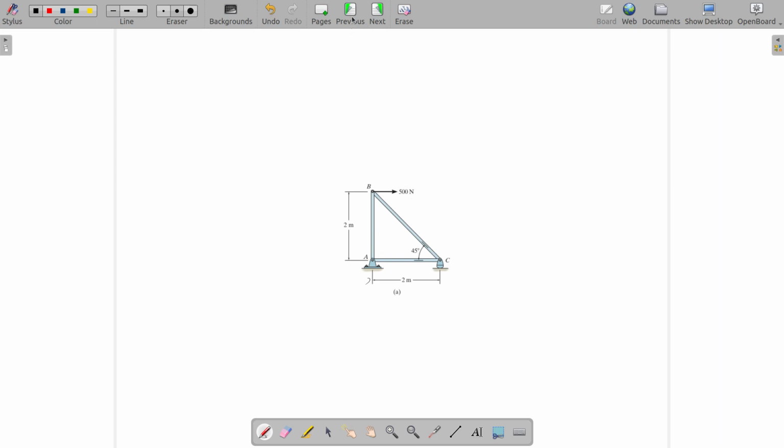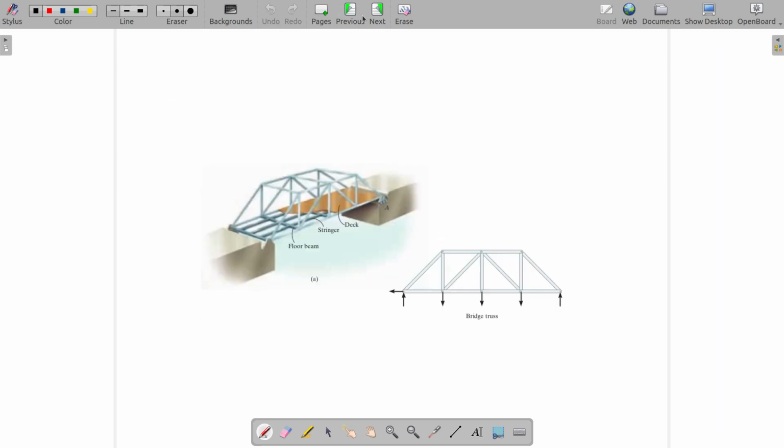Why do we need to do that? If you are designing a bridge, assume that all of these members are connected using pin joints. Like I told, for a bridge, that doesn't need to be the case, but let's say that is the case.